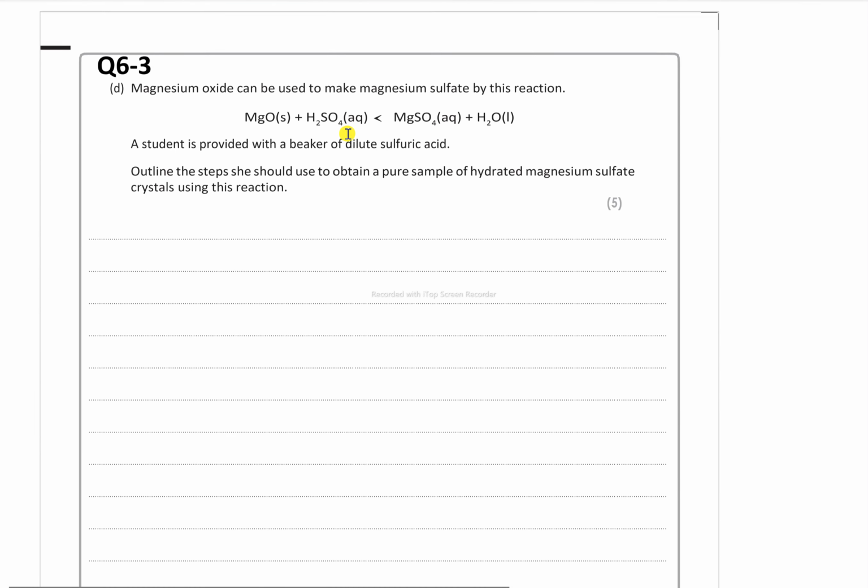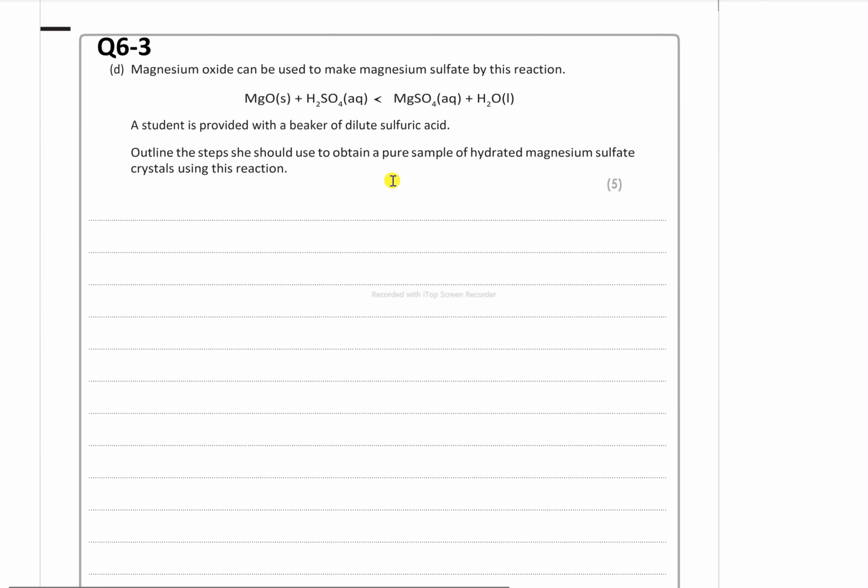Right, so you've got magnesium oxide plus sulfuric acid gives magnesium sulfate plus water. Yeah, should we do this? We might as well. Okay.